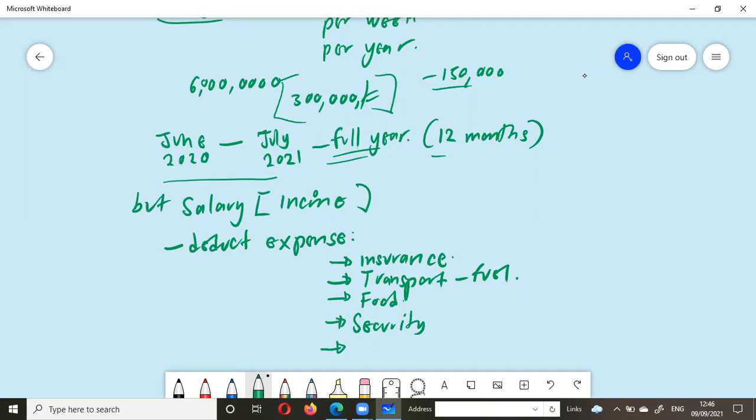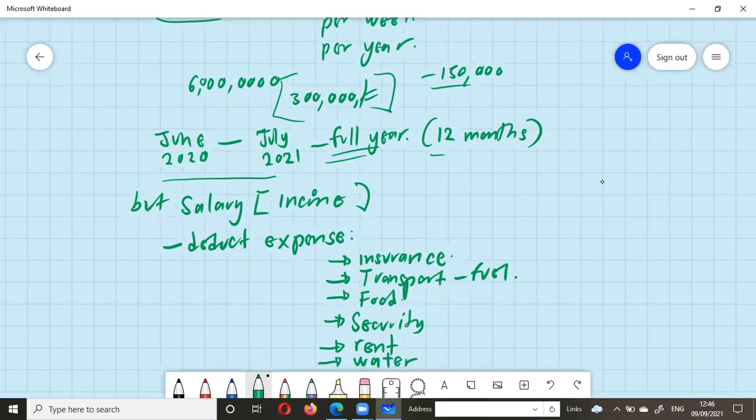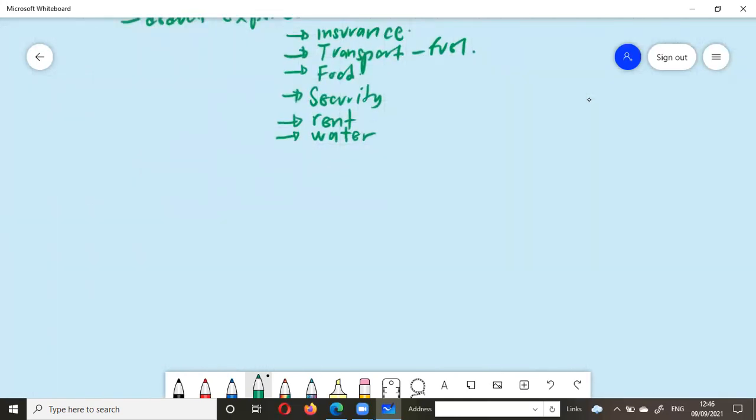But remember, you rent, and so that is the rent expense. So rent is an expense. Then water. Do you pay for the water? Yes. Water expense is also there, and so on and so on.